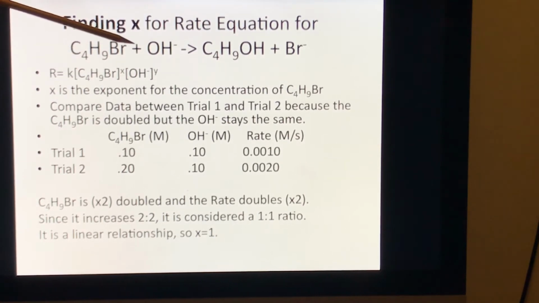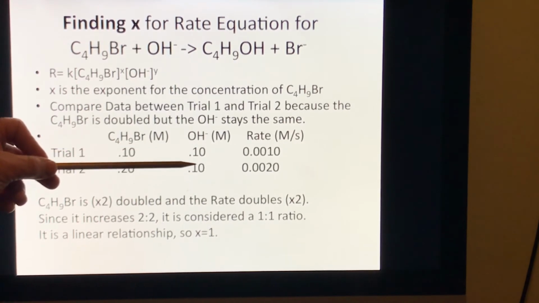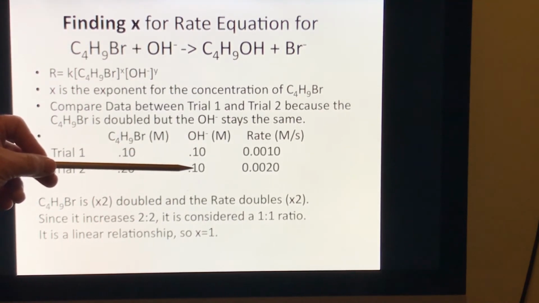This is the value, the reactant molecules plugged in for the A and the B. And we know that X is the exponent for the concentration of the C4H9Br. We will compare data between trial 1 and 2, because in this case that reactant is doubled, but the OH minus, the hydroxyl ion, stays the same.